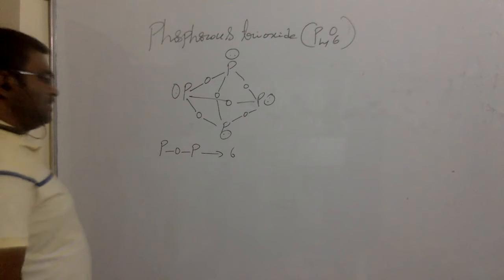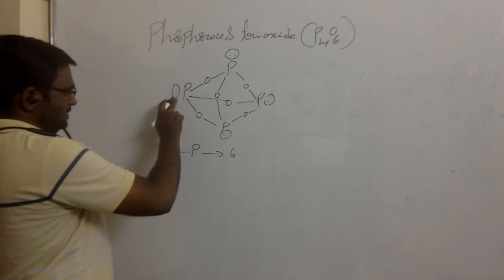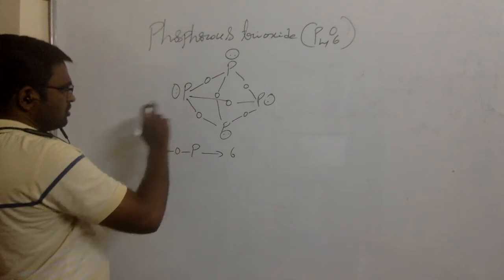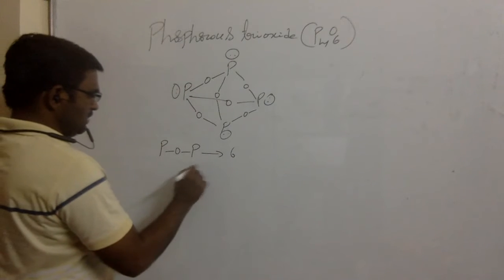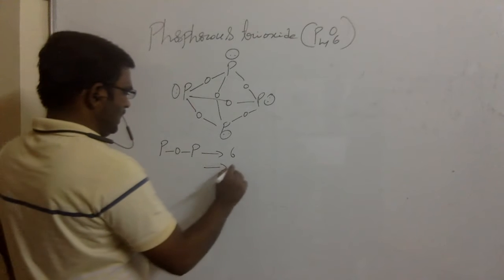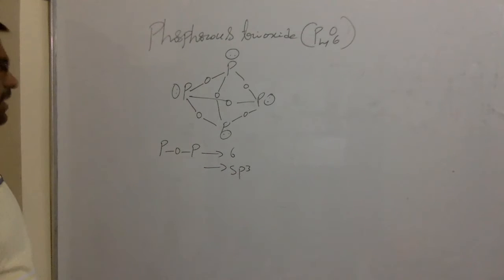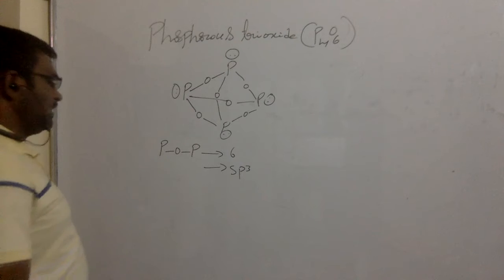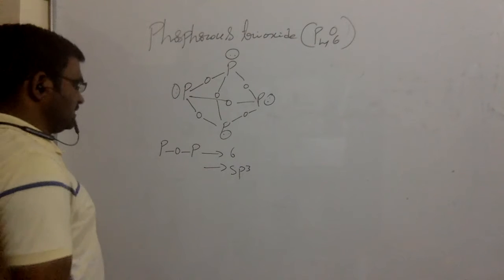Next one, more important, students. What is the hybridization of phosphorus here? Around it, 3 bonds and 1 lone pair are there, so the hybridization of phosphorus here is sp3. Next, what type of bonds are present in phosphorus trioxide?